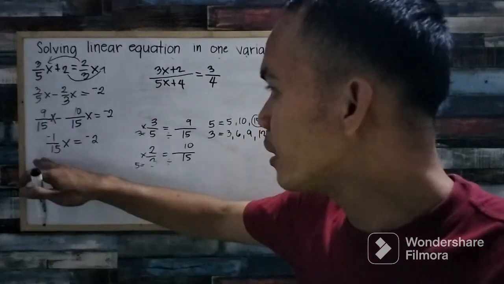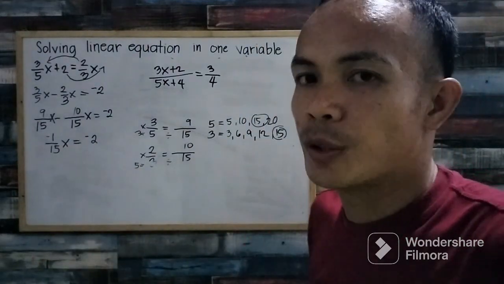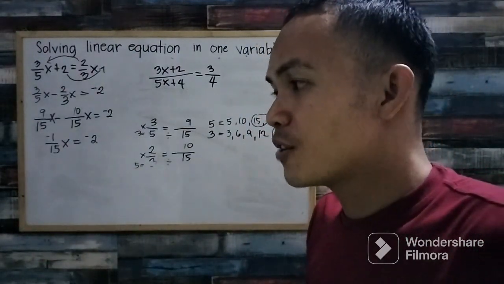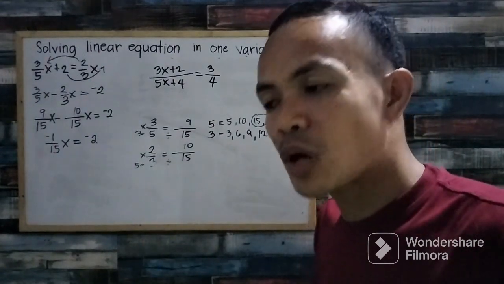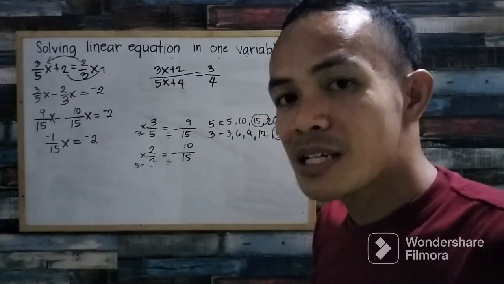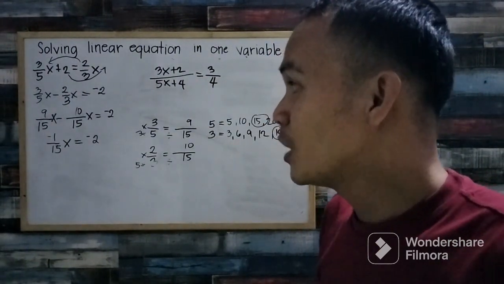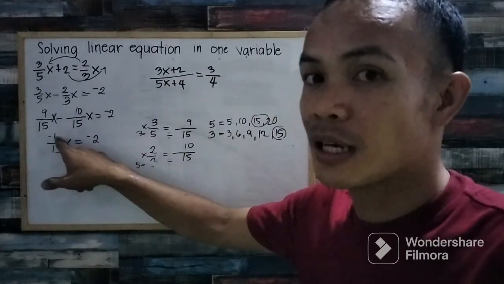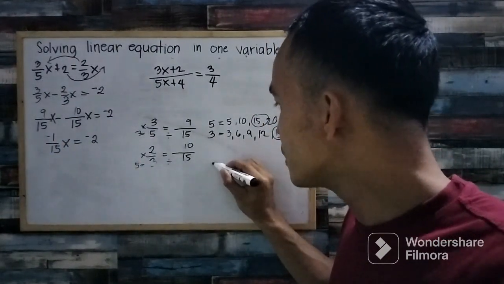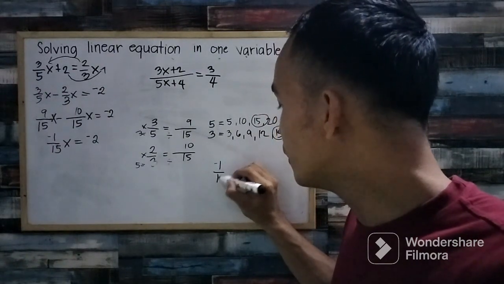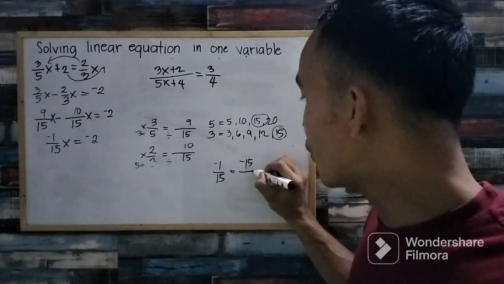If you can see here, our coefficient is in fraction form. When the coefficient is in fraction form, you find the reciprocal of the coefficient. Reciprocal means you just flip the numerator and the denominator. The numerator here is 1 and the denominator is 15, so negative 1 over 15 becomes negative 15 over 1.